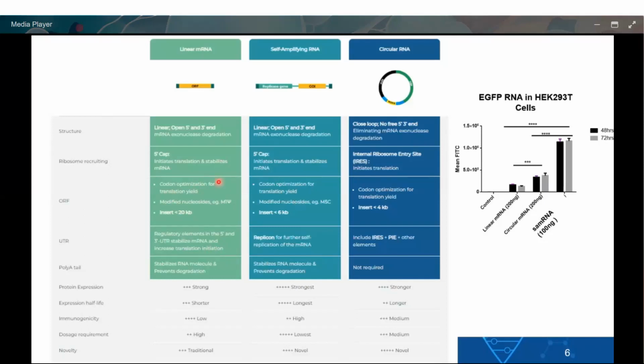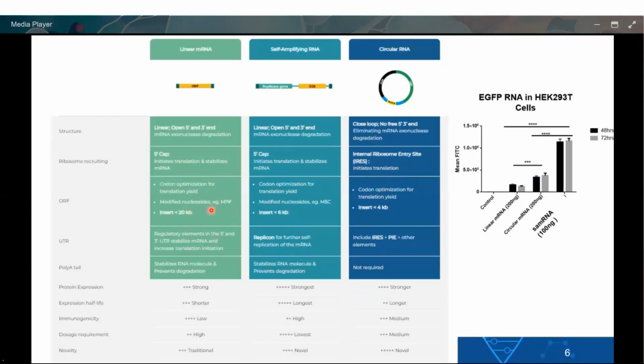Basically, we can see that this one is a circle. It's a closed loop, so it eliminates mRNA exonuclease degradation. But these two still have this mRNA exonuclease degradation, and both of them are linear. They also have a cap, but this one doesn't need a cap, it needs the internal ribosome entry site for translation.